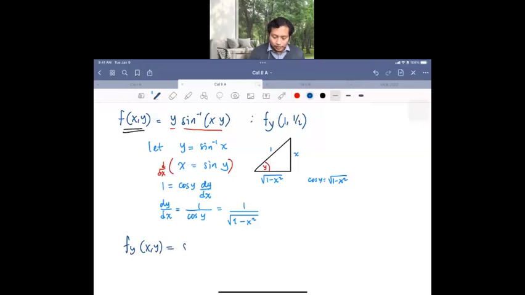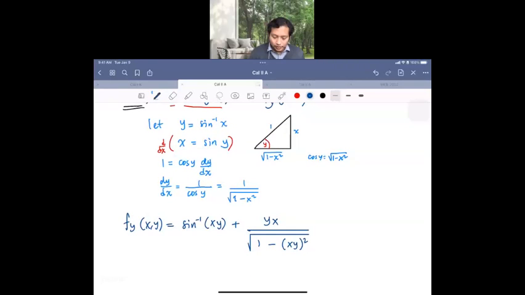This becomes sine inverse xy plus y, and then over, the whole thing goes down, the square root of 1 minus xy squared, and then chain rule, differentiating xy with respect to y, it becomes x. Okay, I hope up till this product rule it's very clear what I've done here.